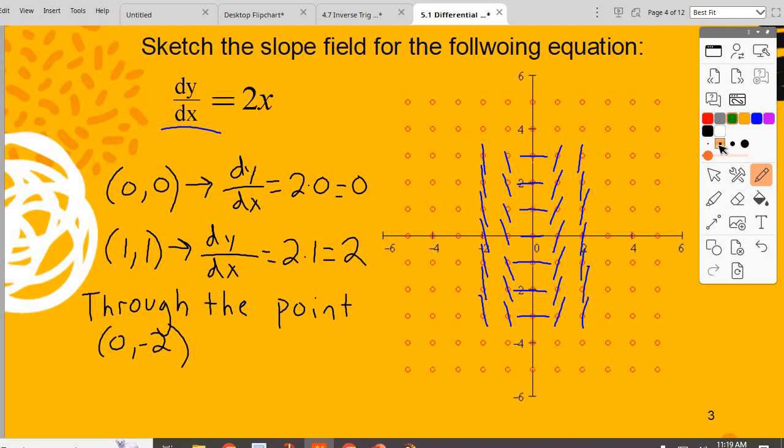So I'm going to come to (0, -2), draw my point, okay? Notice that my slope is 0 here, which means that I have a minimum, and then we're getting larger on either side. So we get a parabola-like shape, which makes sense because if I were to take the antiderivative of 2x, we would get x squared.